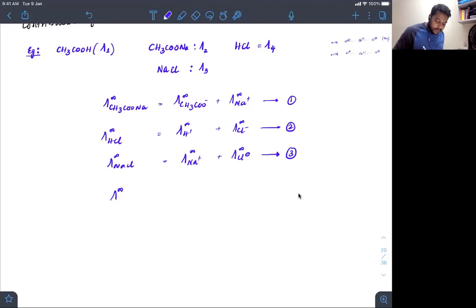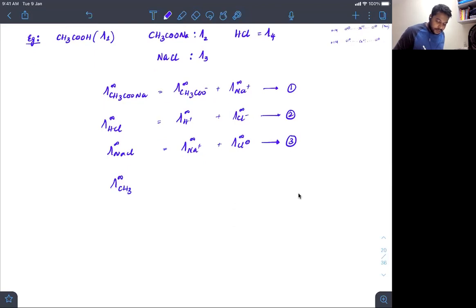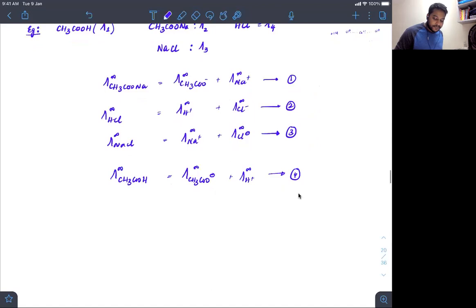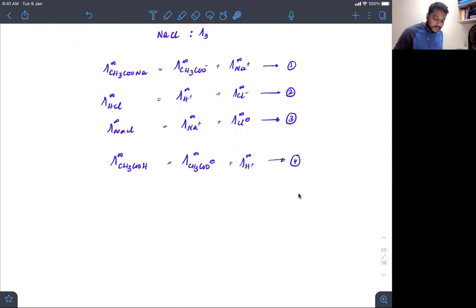At infinite dilution of CH3COOH, because I cannot calculate this value experimentally, I am depending upon the above 3 equations beta. That is what is the importance of Kohlrausch law. So I will be able to generate this equation 4 by using this 1, 2 and 3. How will I get that? इसमें से क्या करना पड़ेगा मुझे? 1 को ऐड करना पड़ेगा, ठीक है, 2 को ऐड करना पड़ेगा और 3 को सब्ट्रैक्ट करना पड़ेगा, राइट?